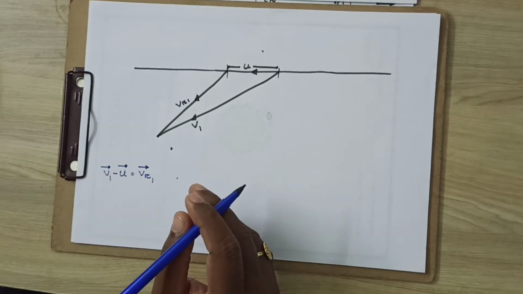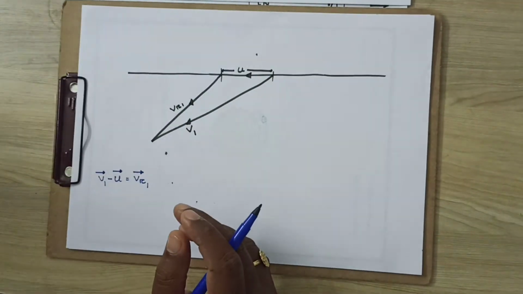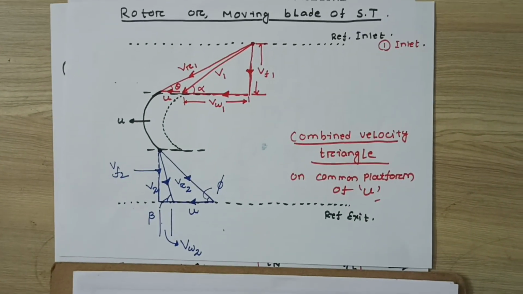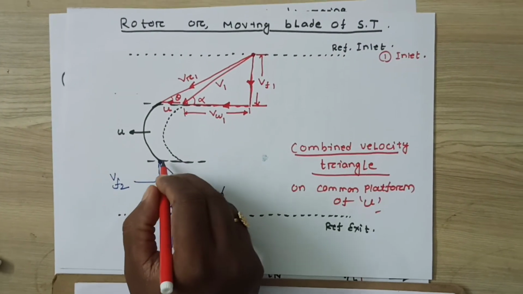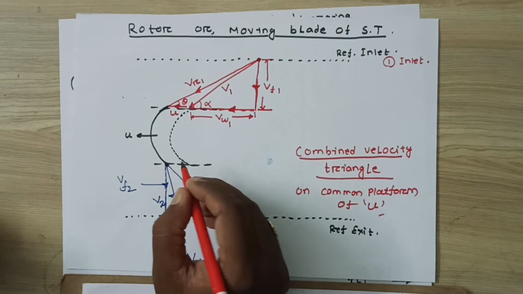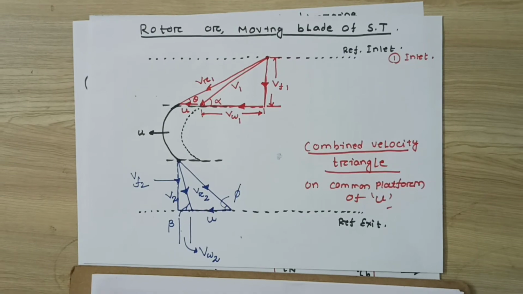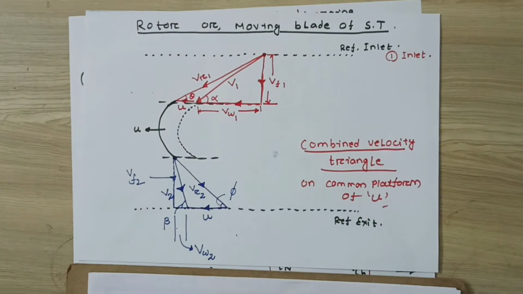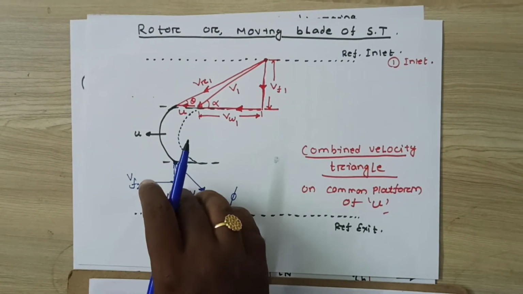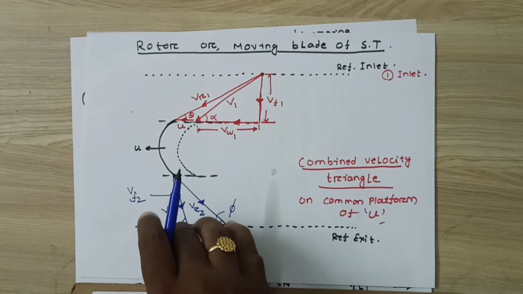Then I will go to the exit velocity triangle upon this common platform. You can see here this is U also, and at this portion this is also the peripheral velocity. Here this is also U, the peripheral velocity U. So this peripheral velocity has to come upon this platform.